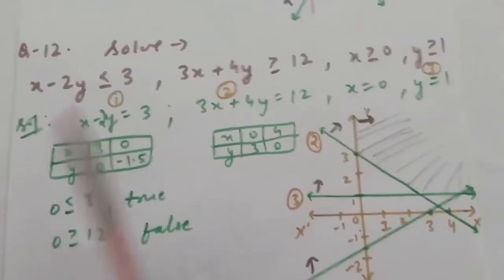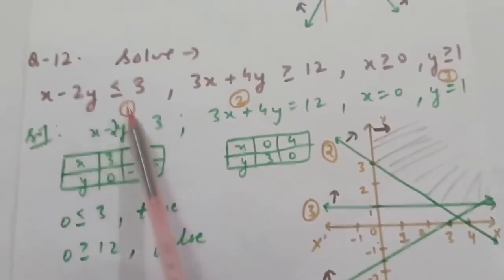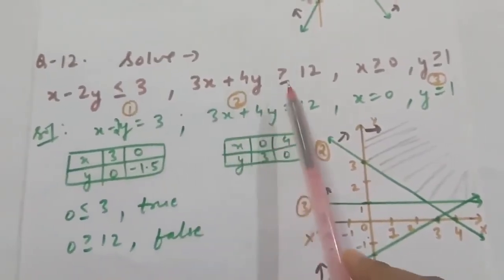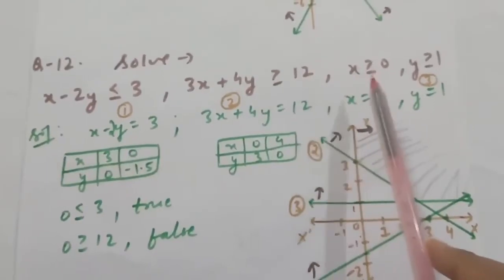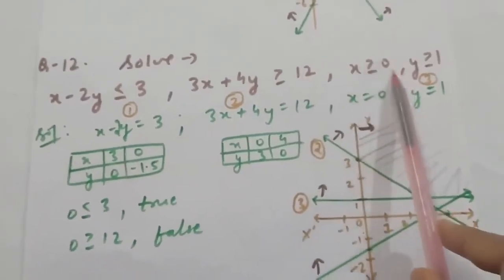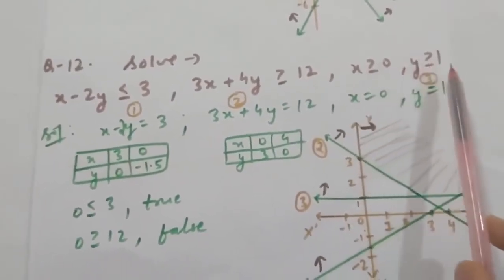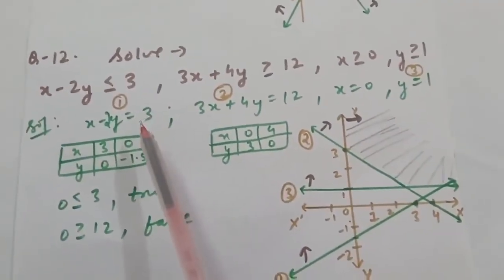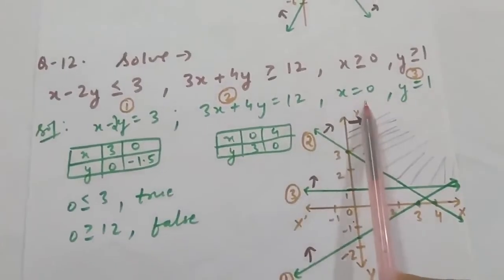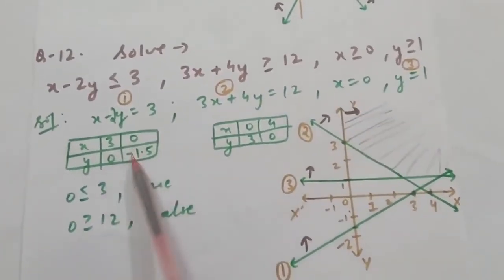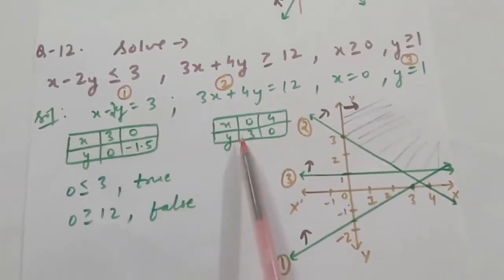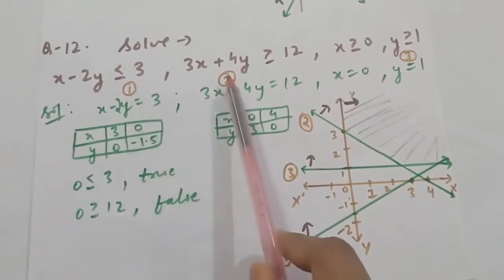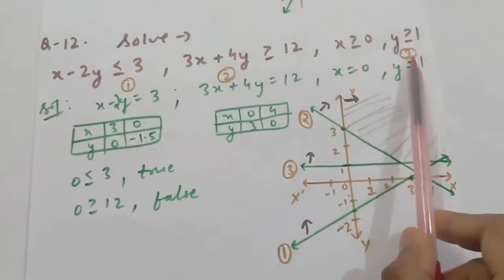Question number 12. Solve x minus 2y less than or equal to 3, 3x plus 4y greater than or equal to 12, x greater than or equal to 0 and y greater than or equal to 1. So first of all, we will draw the graph of these equations. Okay. So I have taken these points. You can take any points. Also let this equation be 1, this be 2 and this be 3.